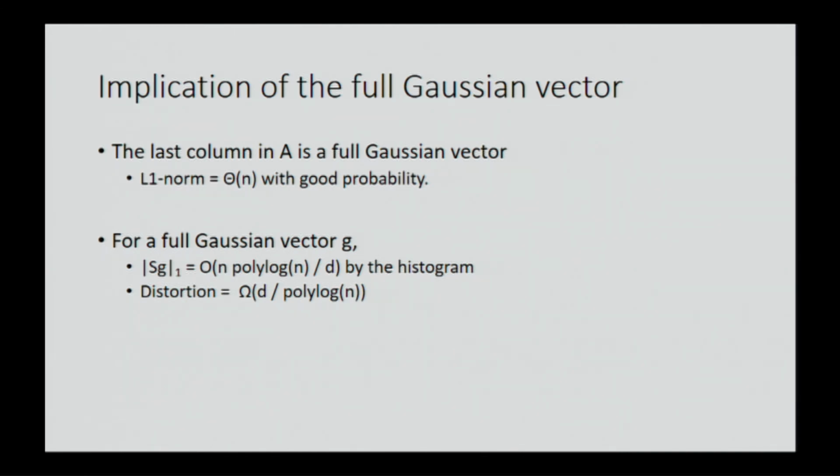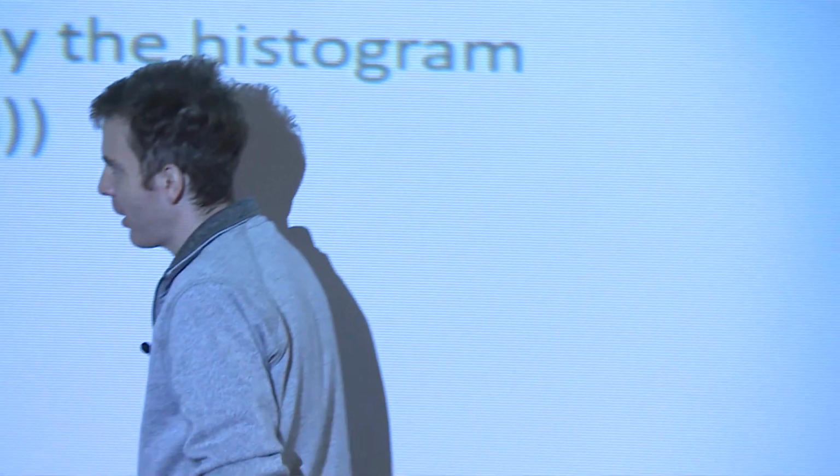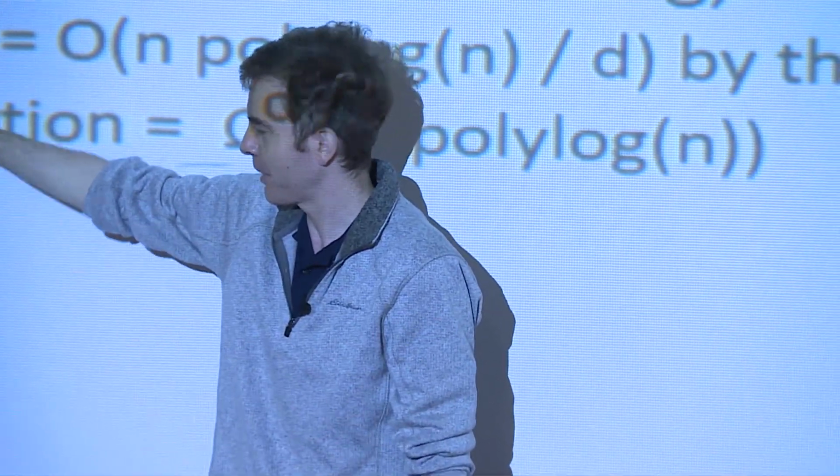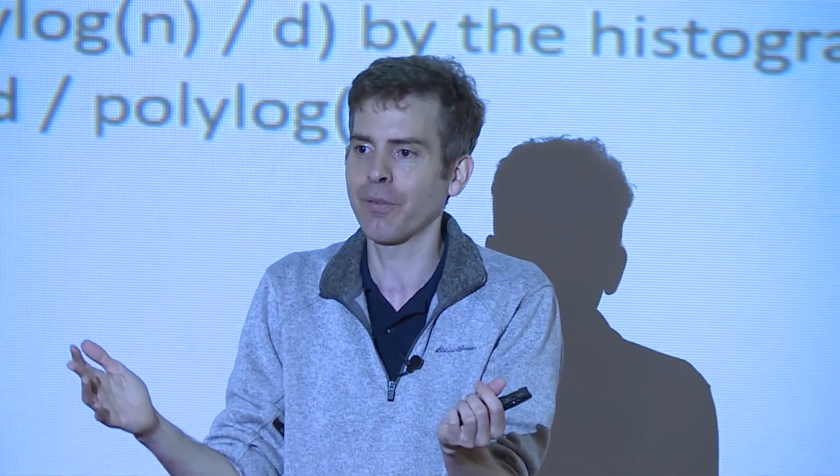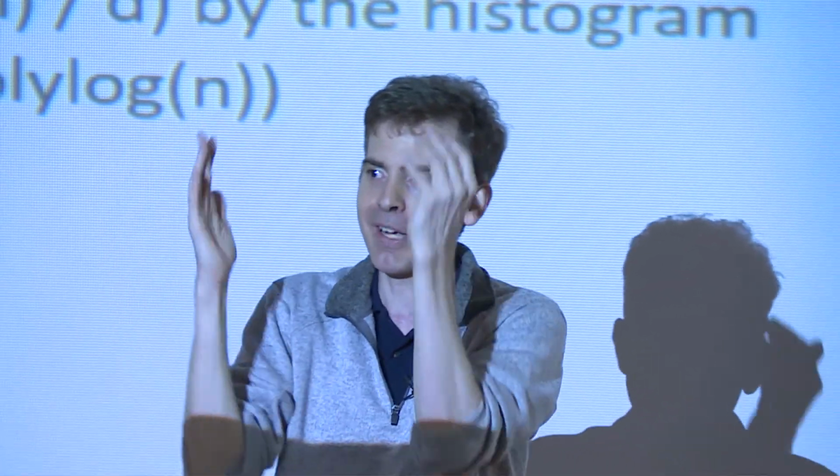But for a full Gaussian vector G, what's going to happen when I apply S to it, where S has this histogram of 1 norms on its columns? Well, I have one column of L1 norm n over d, so maybe I'll get n over d. I have 2 columns of L1 norm n over 2d. Maybe I'll get both of them.